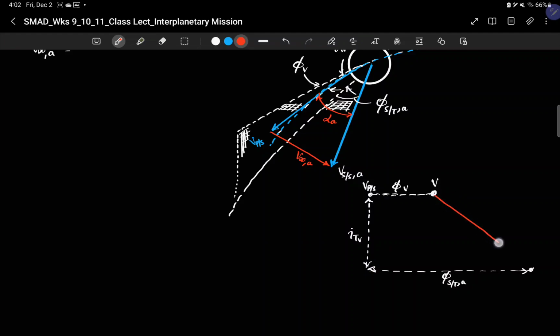If you connect these two points, and not to forget that this was the velocity of the spacecraft with respect to the sun at arrival, this will be your V infinity between these two points.